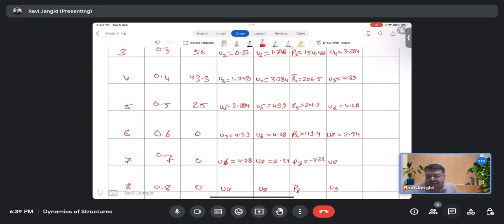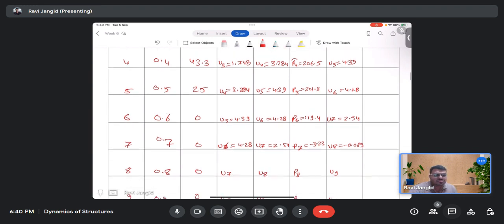So my u8 becomes minus 0.0069. So my u7 becomes 2.54, u8 is minus 0.069. So P8 becomes minus 117.16. So u9 becomes minus 2.5.